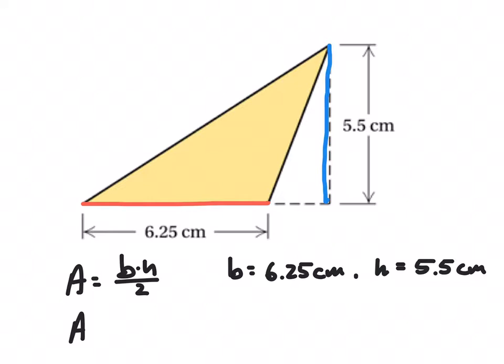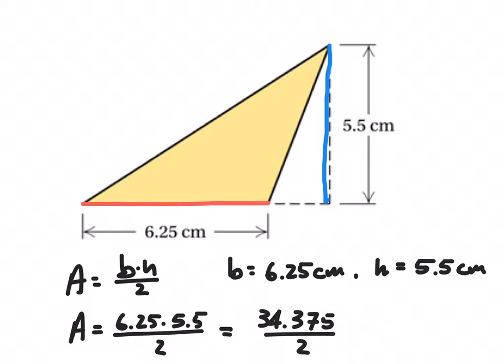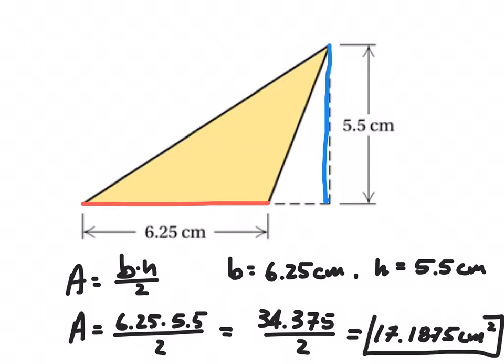So my area is going to be 6.25 times 5.5, and then we're going to divide all that by 2. 6.25 times 5.5 gives me 34.375, and then we divide that number by 2. That's going to give us an area of 17.1875 centimeters squared. And that's my area.